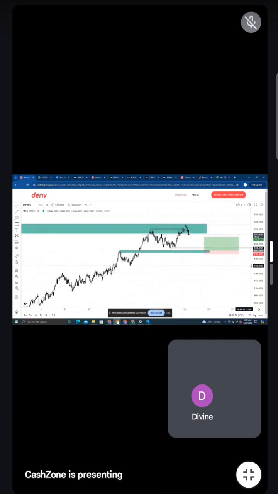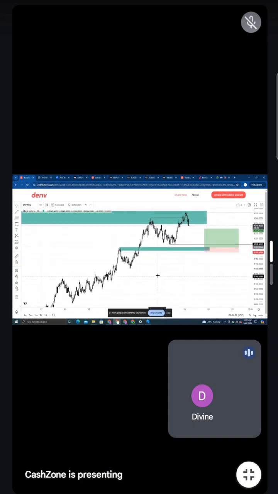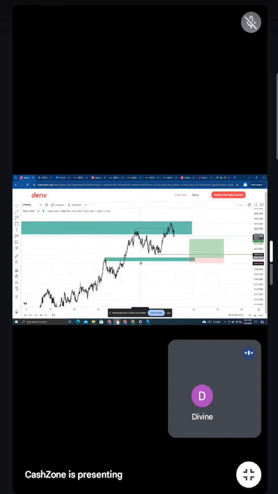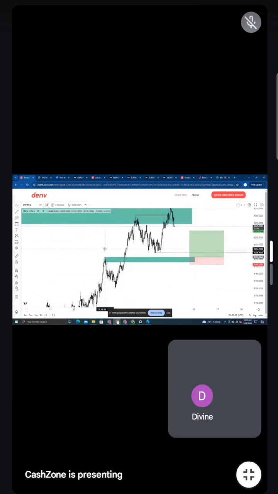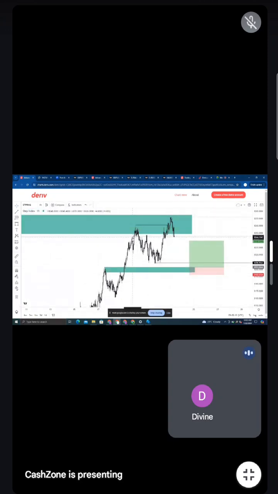Okay. This one now, I'm using that breaker block entry, and the reason was I wanted to sell from this zone. I wanted to sell from this zone, like this sweep, like the break of structure. But you can see price kicked me out.